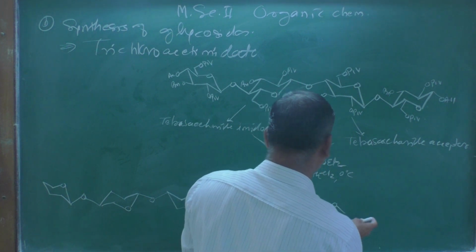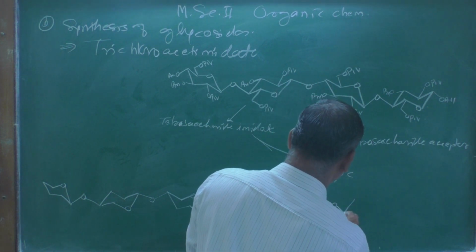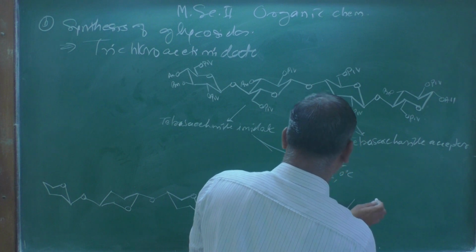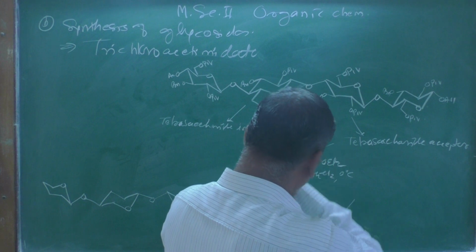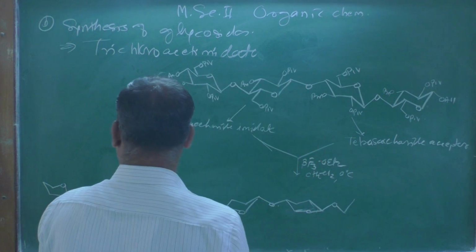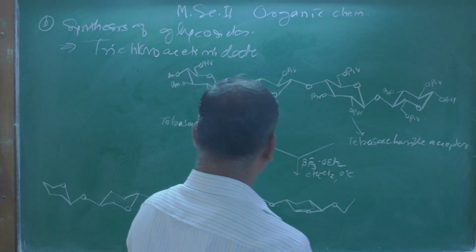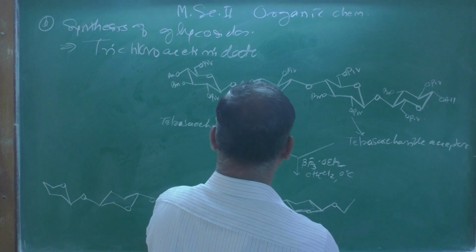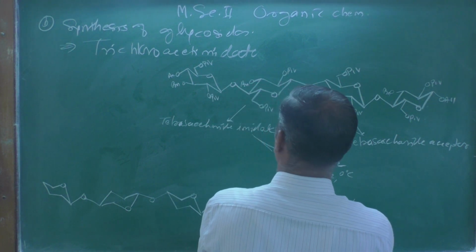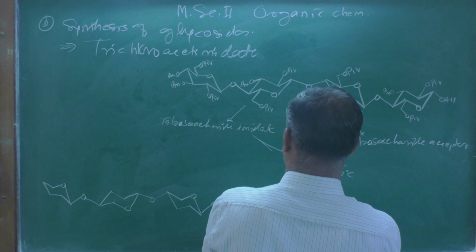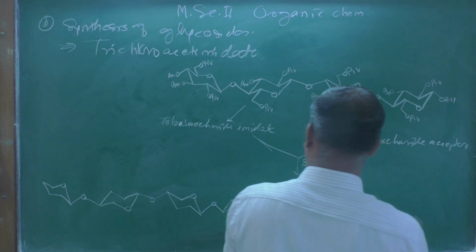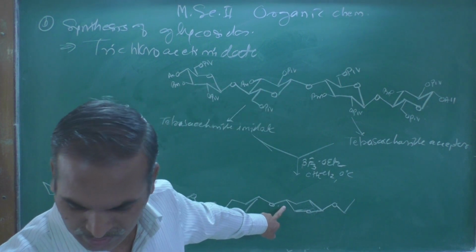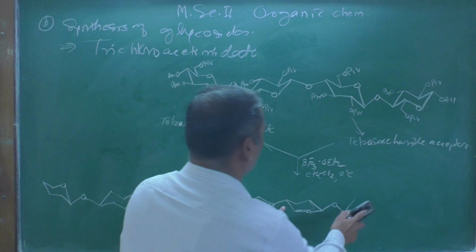Then once again you can draw it like this. So 1 2 3 4, right? And once again this one, no, this one is something else from this.